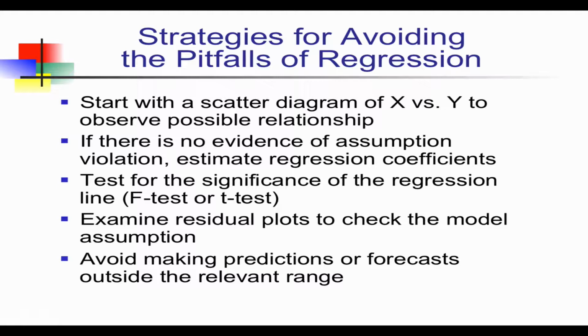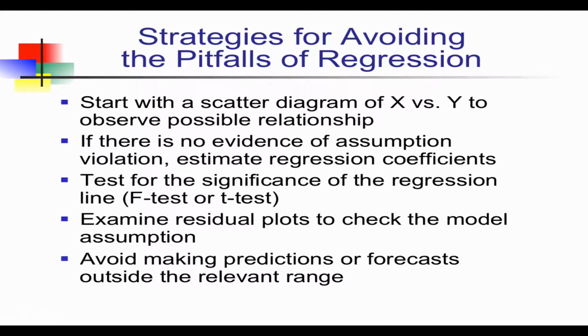And after you examine those assumptions, you can estimate the regression coefficients, and then you can do inference. After all those steps, you can do a residual plot to check the model assumptions.